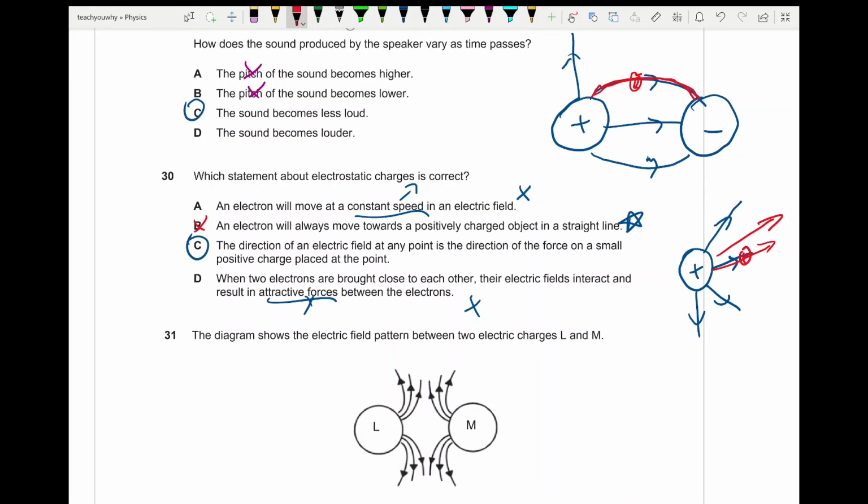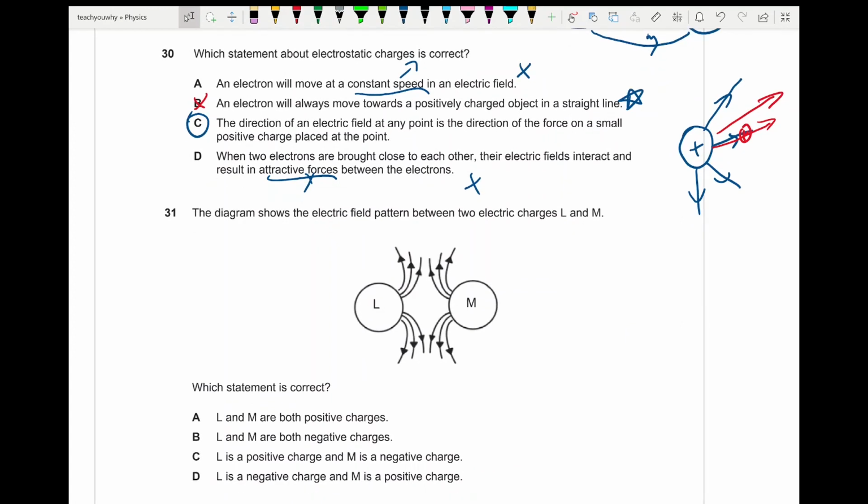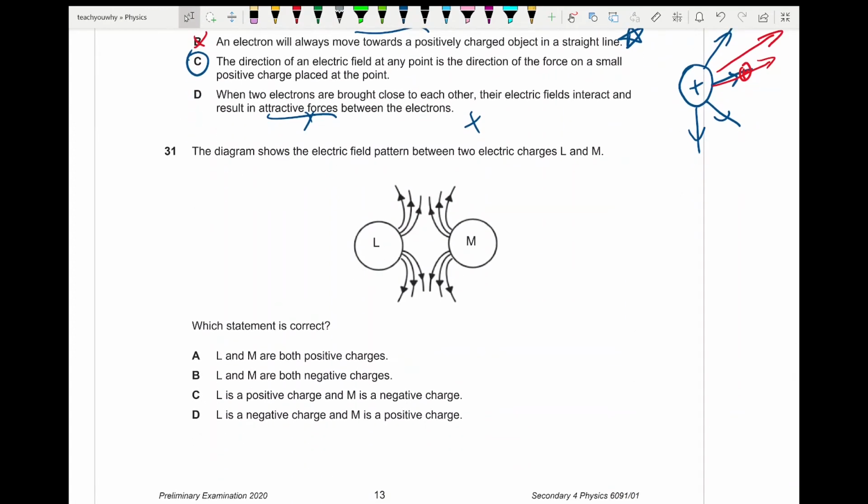So the answer is C. Alright, the diagram shows the electric field patterns between two electric charges L and M. Which statement is correct? Because the arrows are pointing outwards, definitely they need to be positive, and therefore the answer is A. Take note of the direction. If it's negatively charged, the arrow should be pointing in.